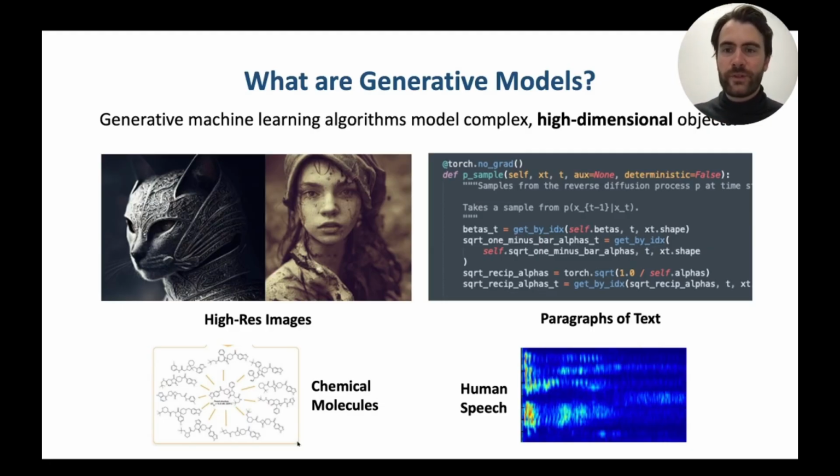In particular, this is code for part of a diffusion model. And code or text in general represents another type of high-dimensional data because it consists of very long sequences of discrete tokens. And so when we view that entire sequence as a data point, it corresponds to a very high-dimensional data point that contains many variables, many free parameters.